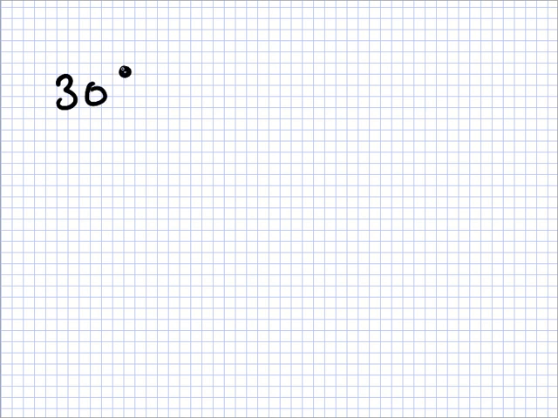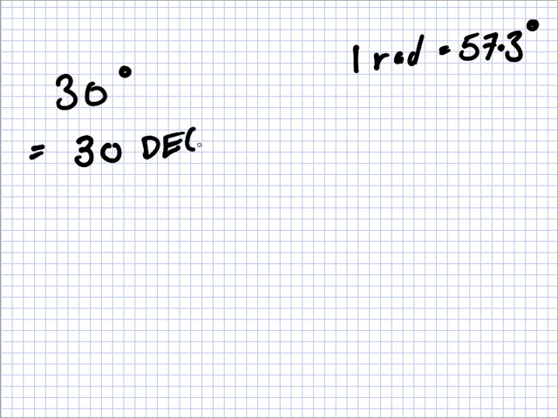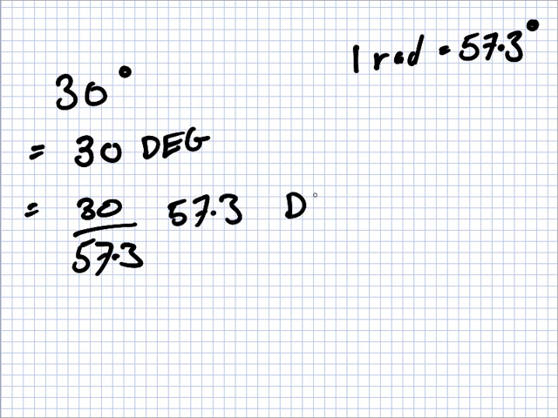So look for the other one. 30 degrees. Now we know that 1 radian equals 57.3 degrees. So you can say 30 degrees equals 30 degrees, I'll just write DEG, that's equal to 30 over 57.3 times 57.3 degrees, because I just multiply the top and the bottom by 57.3.